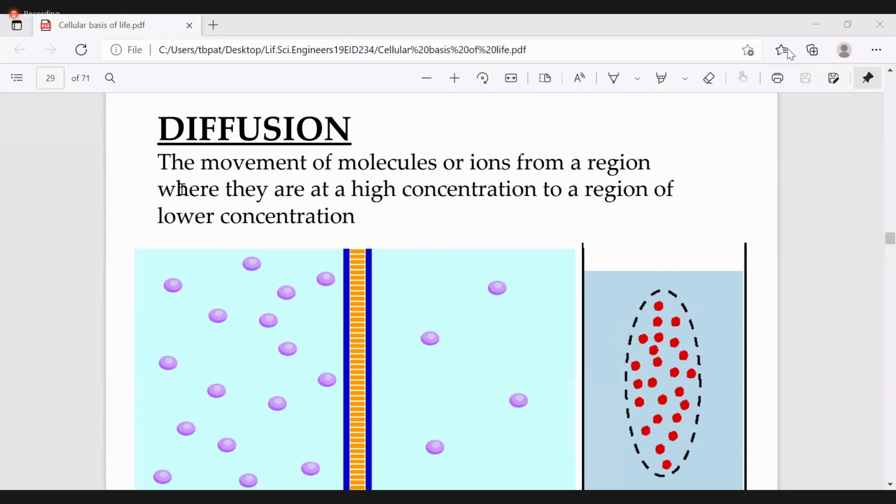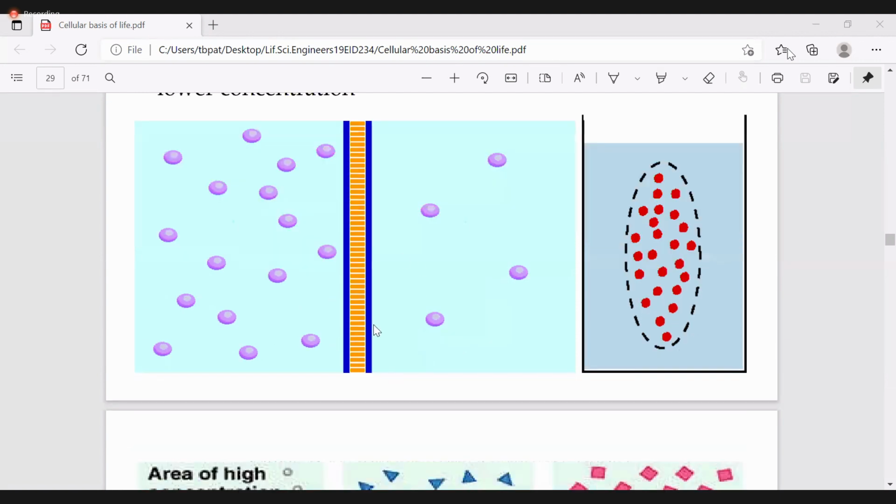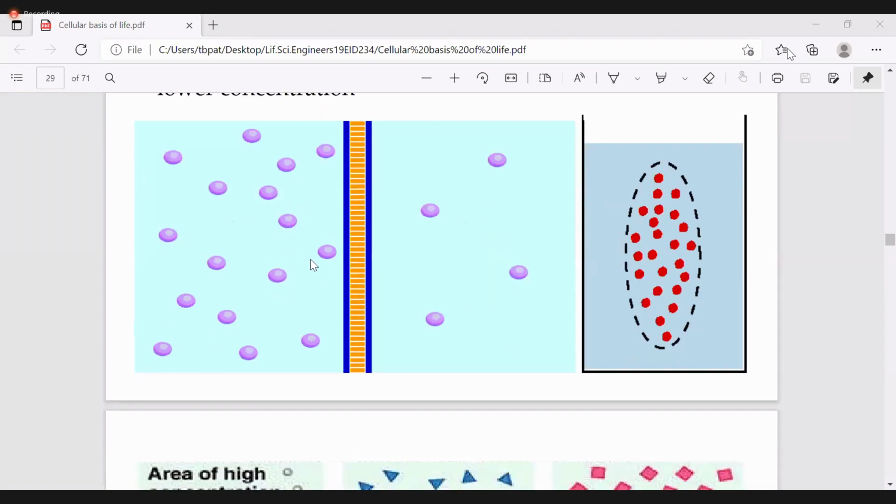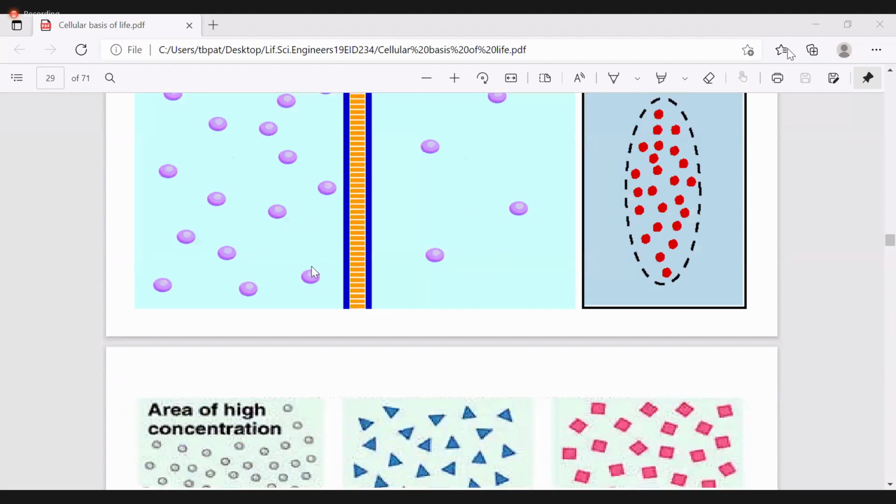We know about diffusion: the movement of molecules or ions from a region of high concentration to a region of lower concentration. It diffuses across the membrane. This is the passive form of transportation.